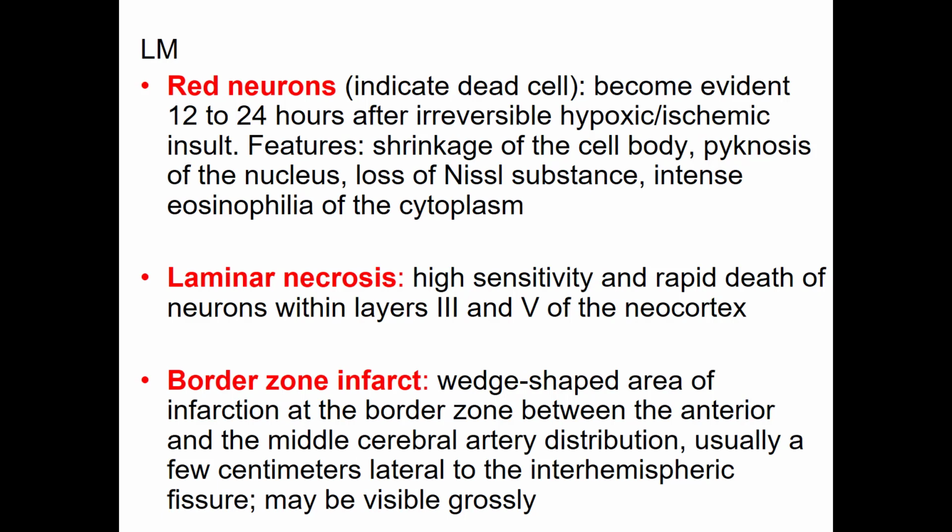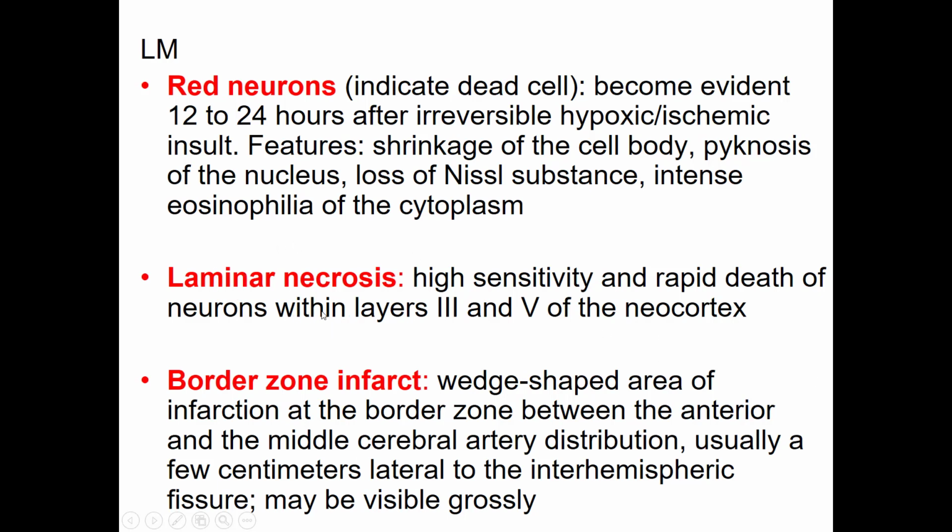Pyknotic nuclei, it means the small nucleus staining very darkly with the hematoxylin if we apply this stain. Loss of the so-called Nissl substance, which is a characteristic feature of large pyramidal neurons, and there is intense eosinophilia, which means redness, of the cytoplasm, hence the name red neurons. If these red neurons die in a large quantity and in close vicinity, it may give rise to so-called laminar necrosis in the cortex.